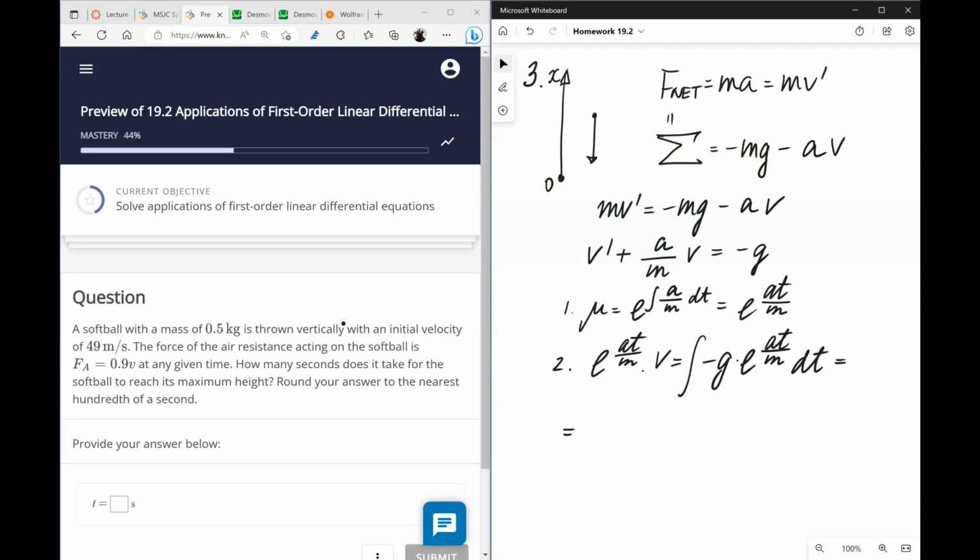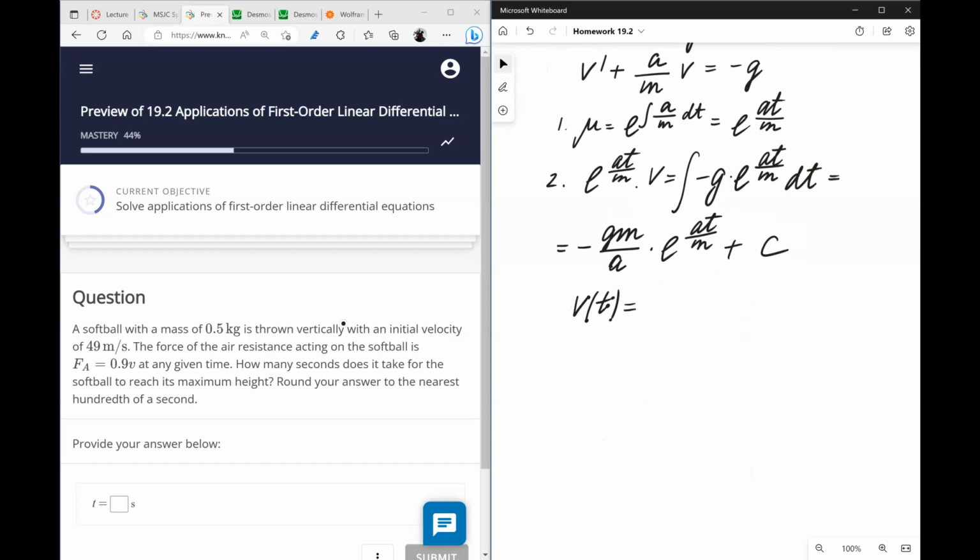We just divide by a, it's going to be negative gm over a plus c.